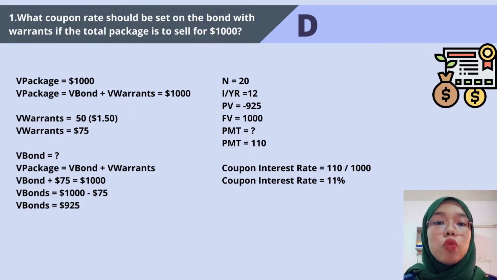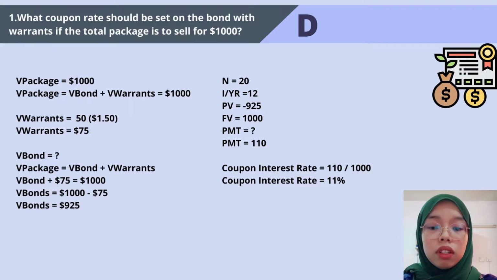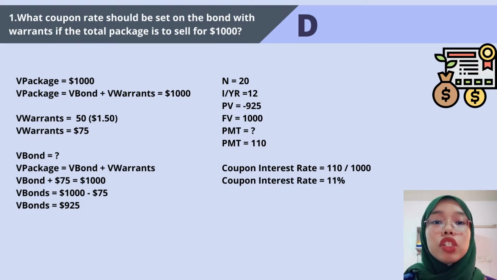So the coupon interest rate equals 110 divided by 1,000, which is 11%. So with an 11% coupon, the bond will have a value of $925, and hence the package of one bond plus 50 warrants will be worth $1,000.